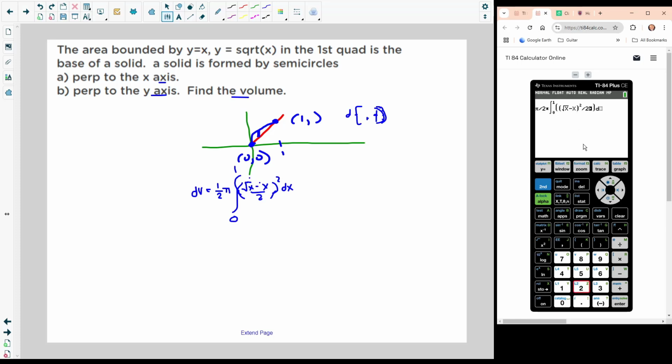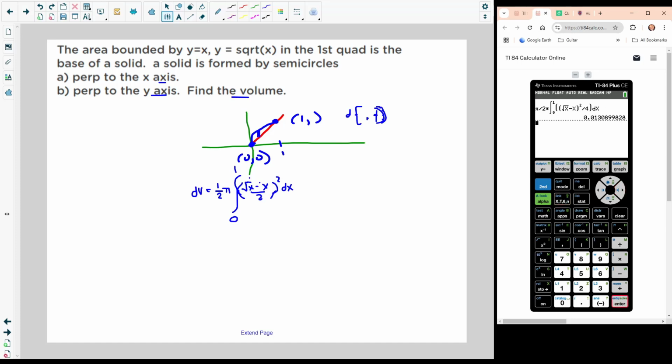But then this 2 has to be inside the squared too. So I'm going to cheat a little bit and put a 4 rather than going back and editing it, because when you square that divided by 2, it becomes divided by 4. I'm lazy. But obviously, you could have put radical x minus x in parentheses, then divided it by 2, put that in parentheses and square it. You can see how messy this is either way. So it's probably better to do the pi over 8 method I showed you before, but this should work fine.